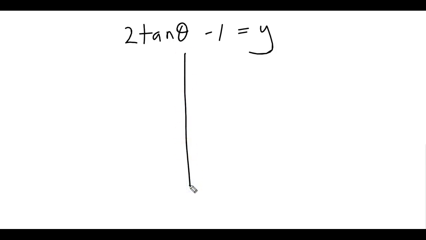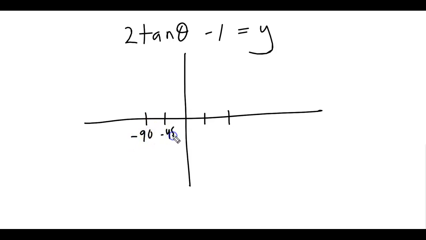Now, since this is tangent, we're going to have 2 spaces on this side, 2 spaces on this side. Now, if you want to use degrees, I'll use degrees this time. The degrees would be negative 90, negative 45, 0, 45, and 90. So that's step 1. Step 2 is to put in the vertical asymptotes at the first angle and at the 5th or last angle.